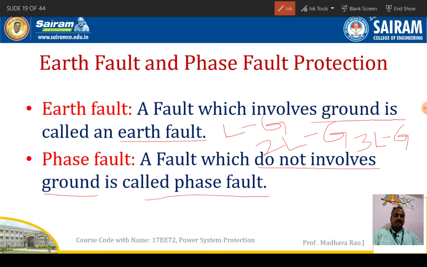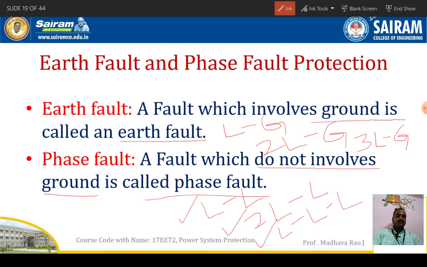Next, phase fault. A fault which does not involve ground is called phase fault. For example, LL, line to line fault, double line fault, and LLL, where all lines are short circuited through a triple line fault.